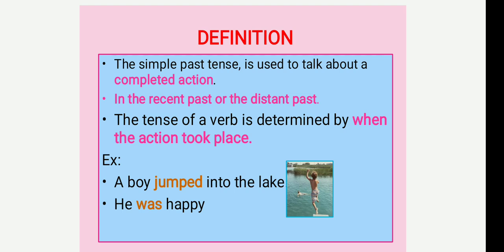So the past verb jumped shows that the action has completed. He was happy. Was is also a helping verb which we use only in past tense. He was happy means yesterday he was happy but today he is so sad. In recent past or in distant past he was happy.